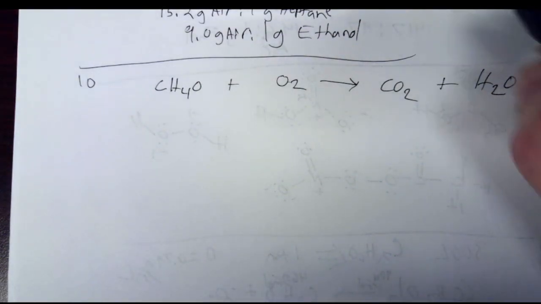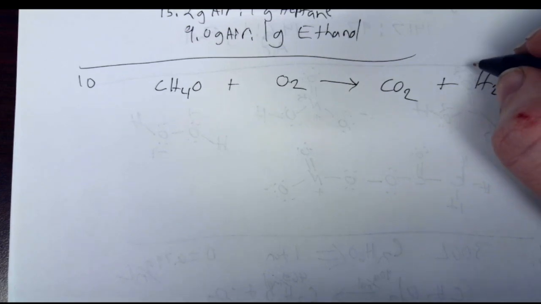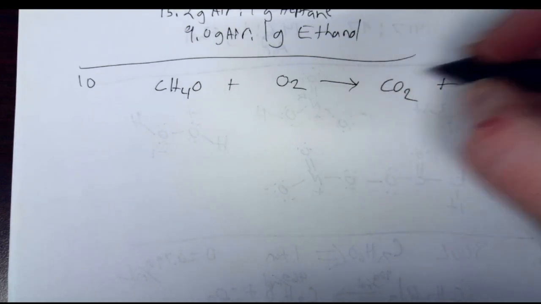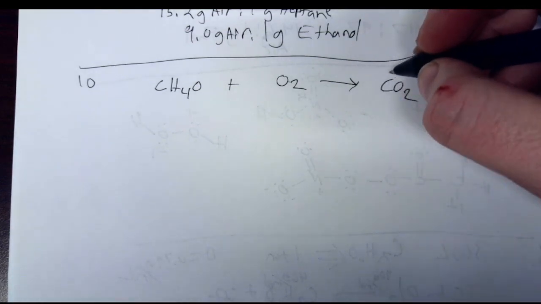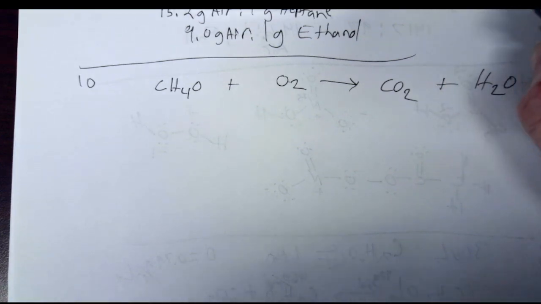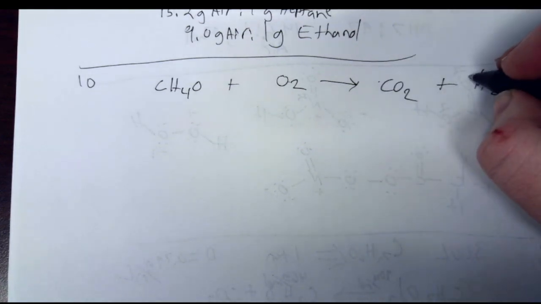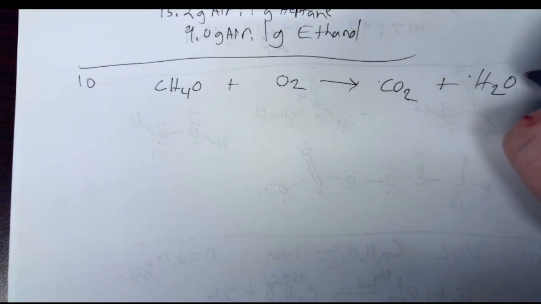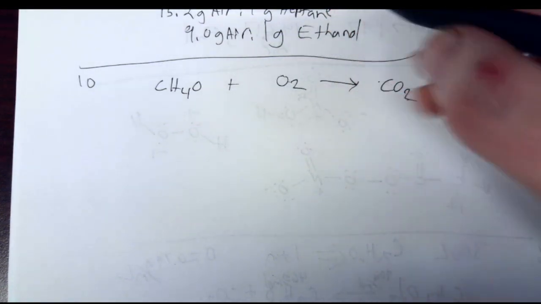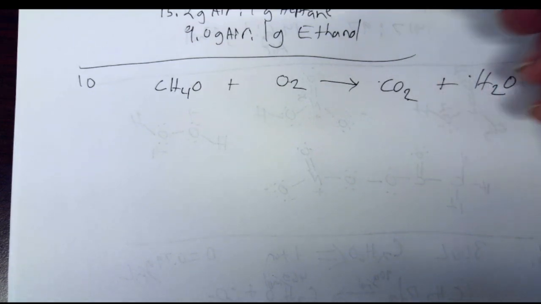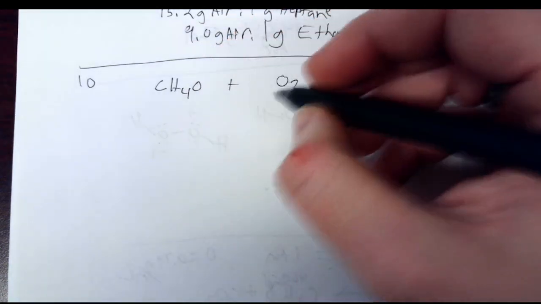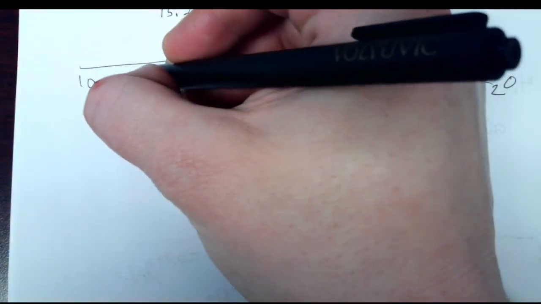So in order to get this to balance out, right now it would be 1 and 2, but that would produce 4 oxygens, and in order for this to balance out, we would have to double things.